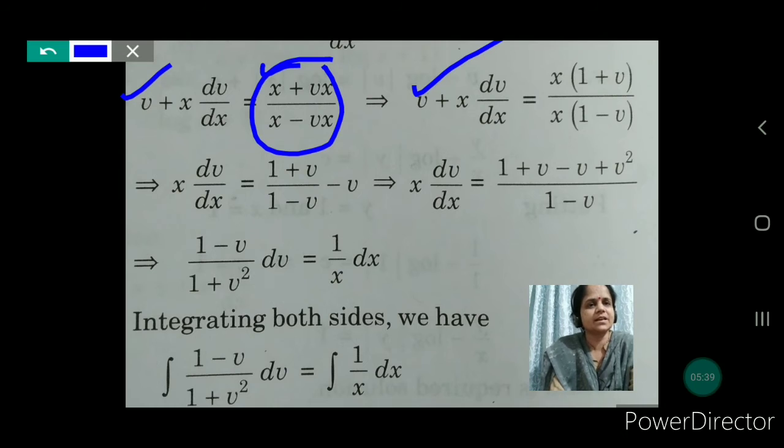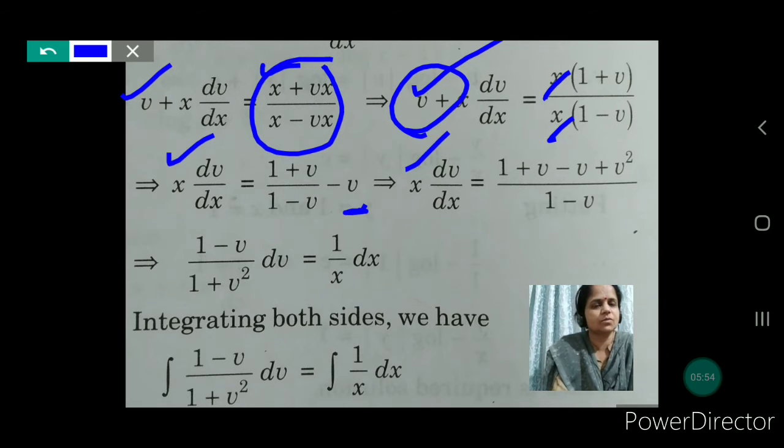So you will get here x will cancel, and here it is x dv by dx is equal to (1 plus v) upon (1 minus v) and minus v. Transfer this v. Okay. So x dv by dx is equal to (1 plus v minus v plus v square) upon (1 minus v). Take LCM.